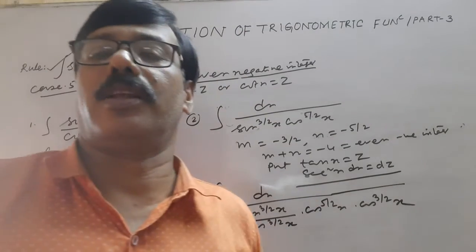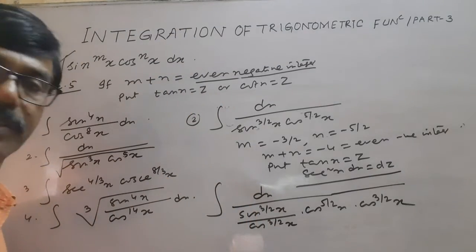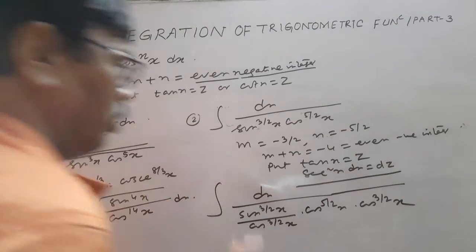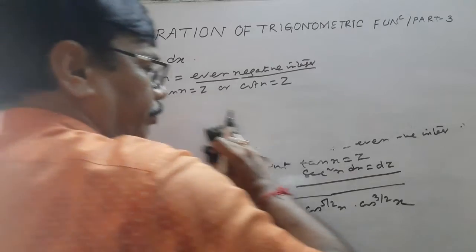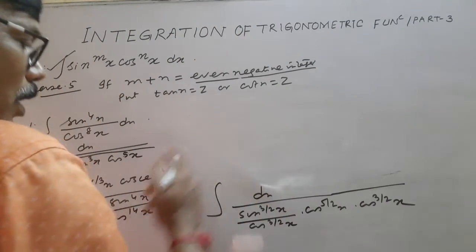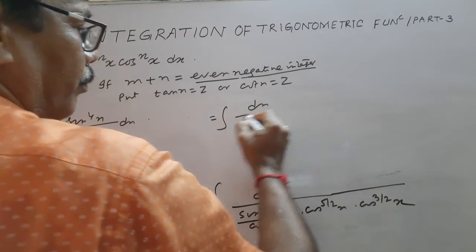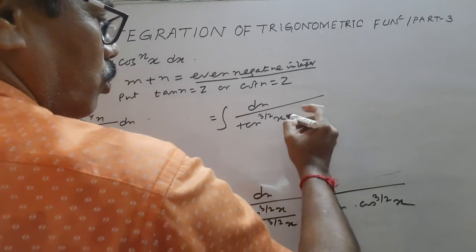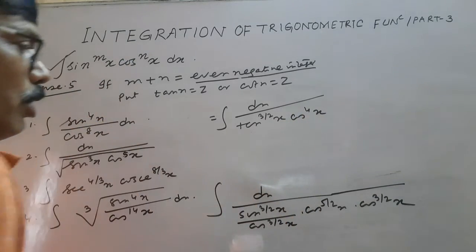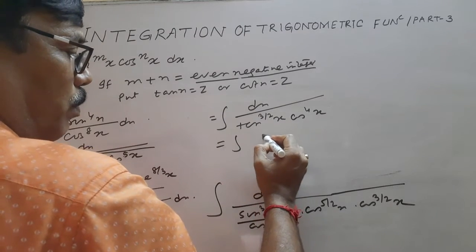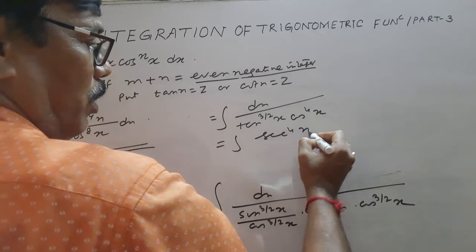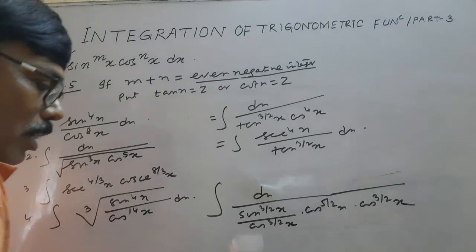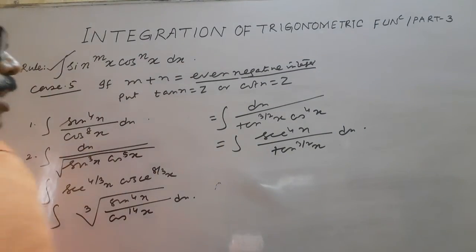So this is balanced. Now the next step: dx by tan to the power 3 by 2 x, and this is cos to the power 4 x, so this is sec to the power 4 x by tan to the power 3 by 2 x dx.